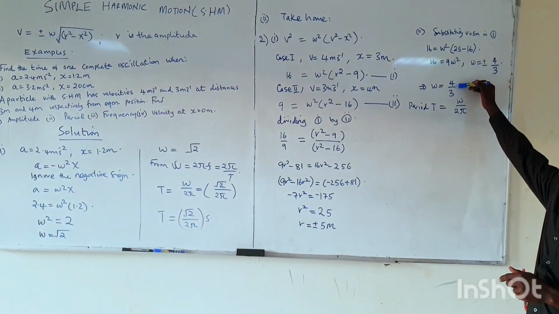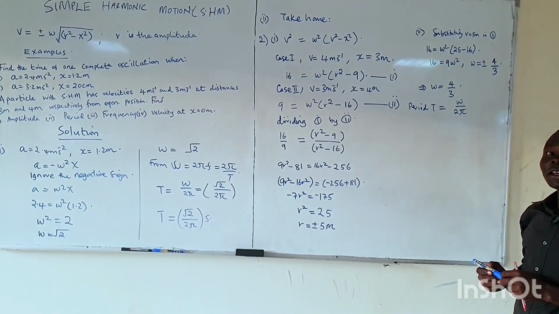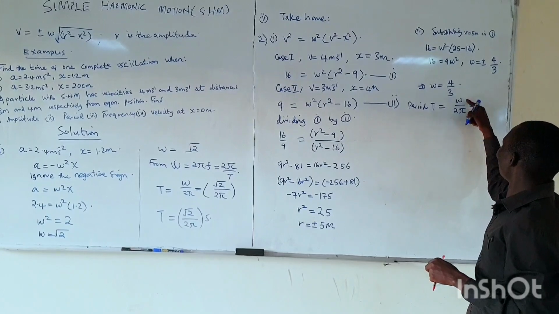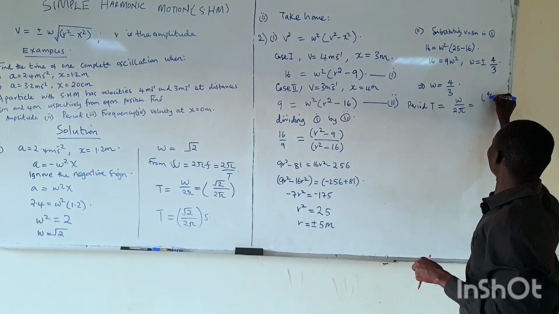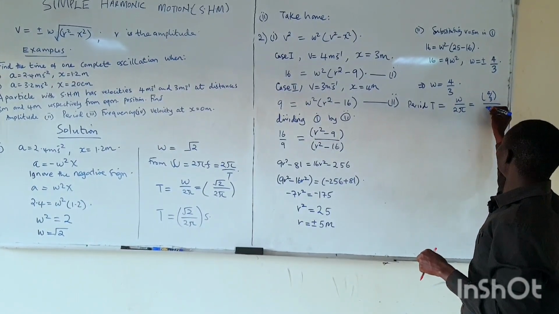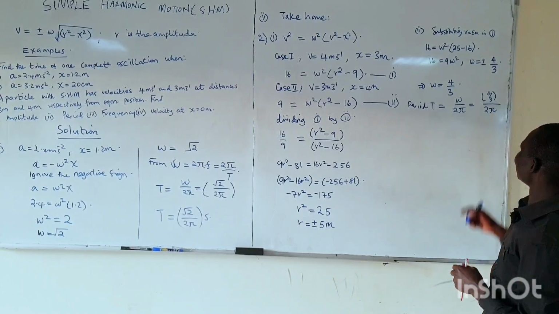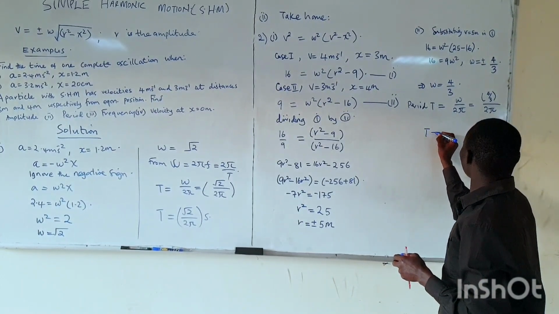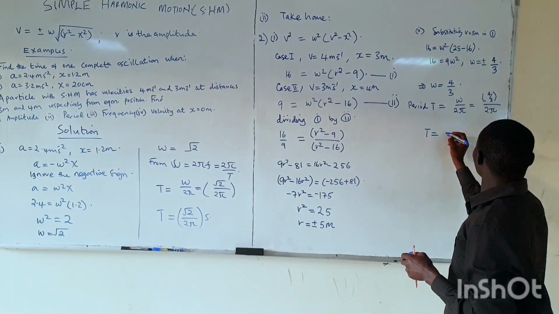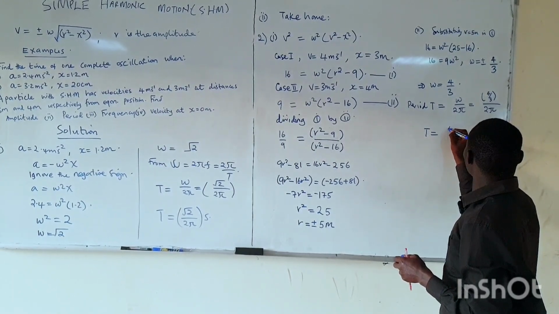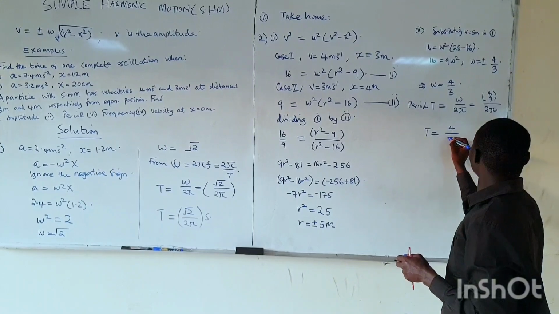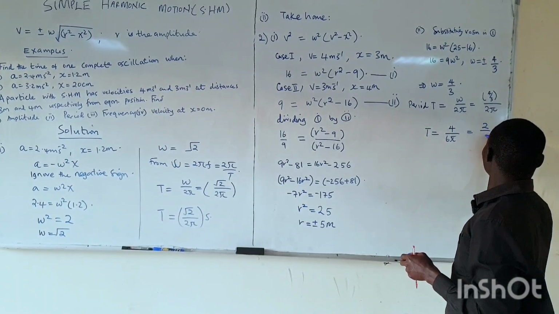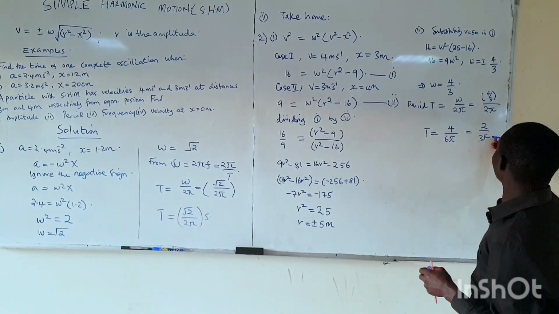Already we have our mu. There is nothing that can stop us from getting T. So we just substitute mu is equal to 4 over 3 divided by 2 pi. Of course, we shall have T as being 4 divided by 6 pi, which is equal to 2 divided by 3 pi.